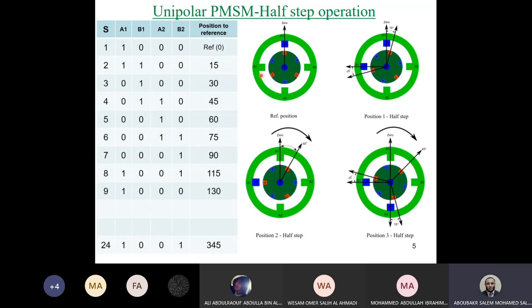So this is the first step, the same as in the full step operation. And when we need to make it 15 degrees, we are going to energize both half coils A1 and B1 together. Right. For now, as you can see, S is at the same angle as N for half coil A1.